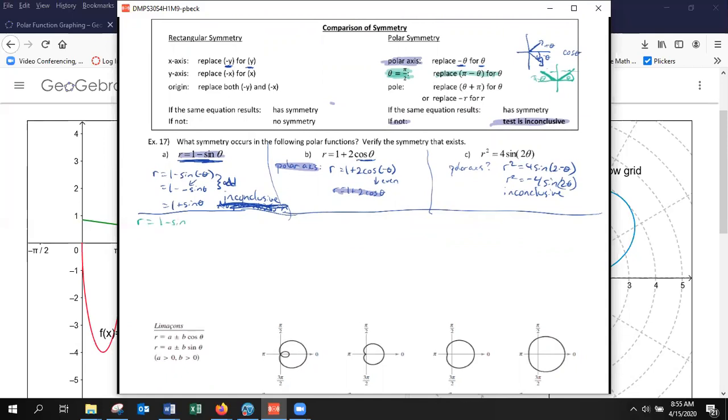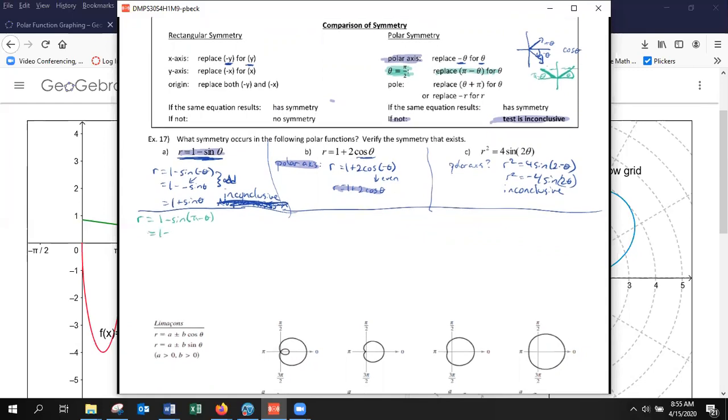The way we are going to prove it is with the difference of angles formula for sine. So this is 1 minus, and if you remember way back to chapter 7, sine pi cosine theta minus cosine pi sine theta.